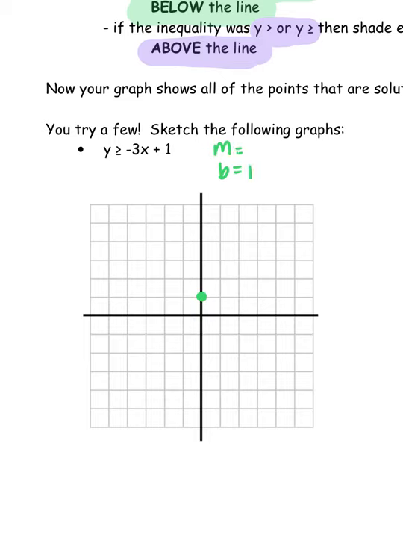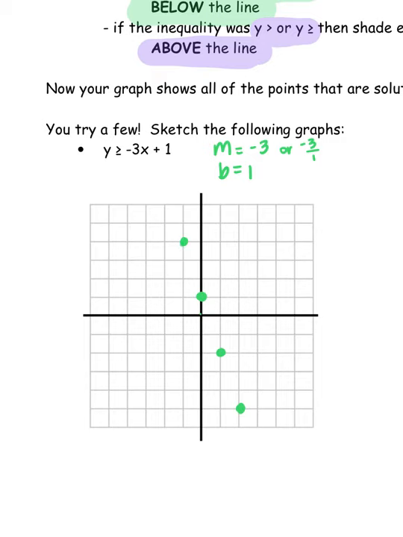My m, or my slope, is -3, or -3/1. So now I'm going to go down 3, 1, 2, 3, over 1. I can also go up 3 and to the left one. Okay, I have my points on there.